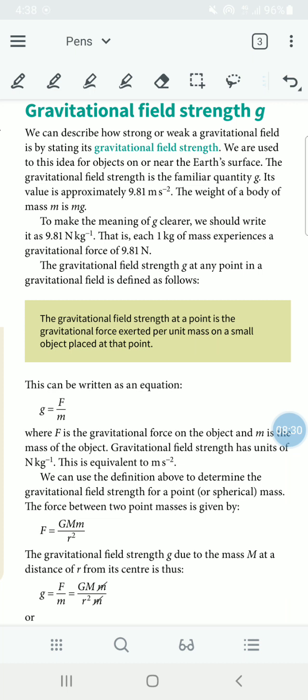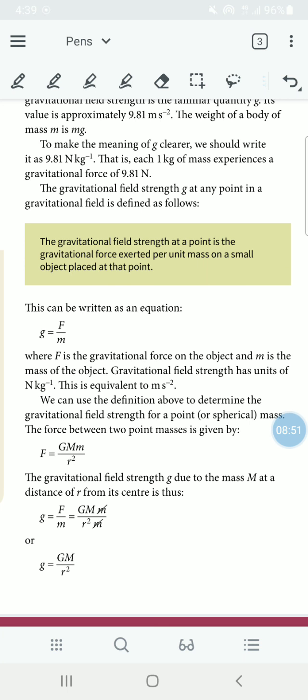When this equation is combined with the force between two point masses equation, we can get the following equation for small g.